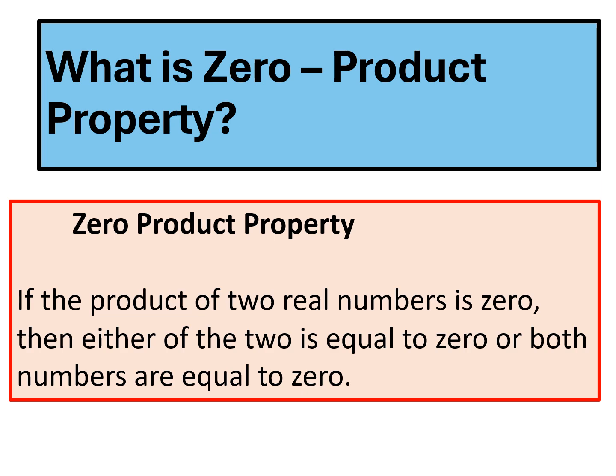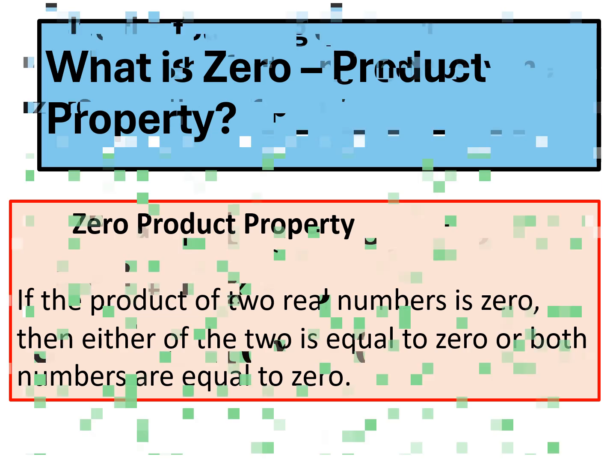What is the zero product property? Zero product property: if the product of two real numbers is 0, then either of the two is equal to 0, or both numbers are equal to 0. So we will use this concept in order to solve quadratic equations by the factoring method.